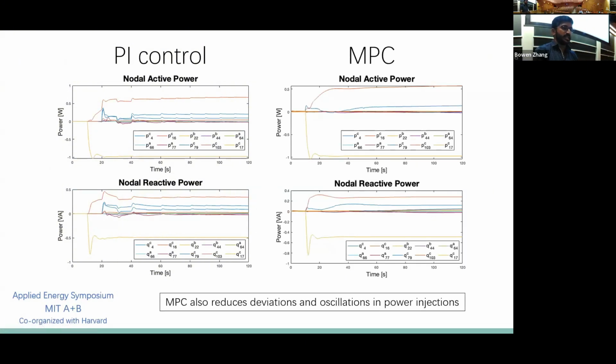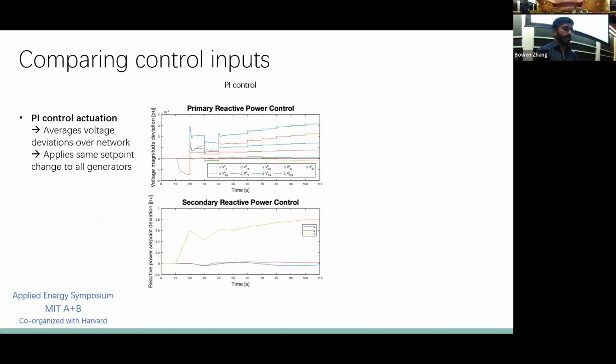Similarly, MPC can also help reduce deviations and oscillations in the power injections for both active and reactive power. Here, the power injection changes are much smoother, and we have almost no deviations in most of the nodes except for those 3 compared to the PI.